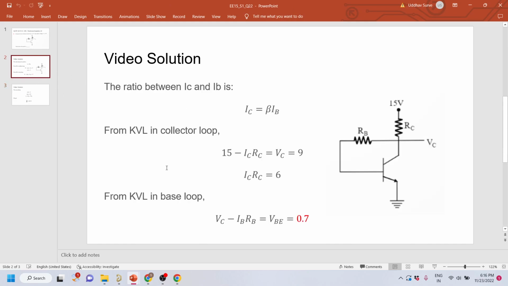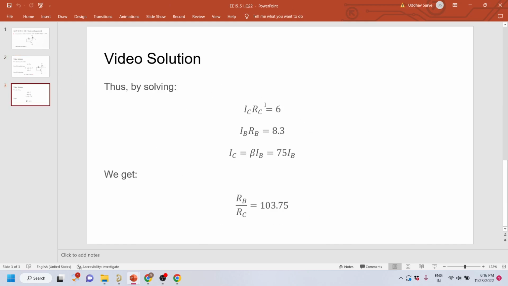Now, from the equations given on the first page, we solve them numerically, and by solving these 3 equations, substituting interchangeably, we find R_B by R_C is equal to 103.75.